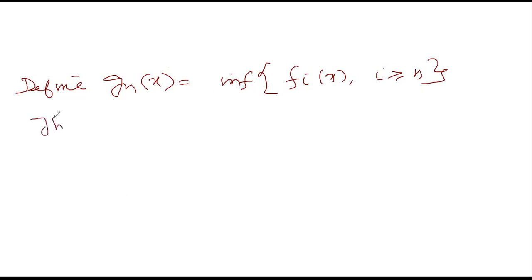Then you can see that if n is increasing, you are taking the infimum over smaller sets. For n equal to 1, you are taking the infimum of f_1, f_2, and so on, and for n equal to 2, you are taking the infimum of f_2, f_3, and so on. So g_n is monotonic increasing, and it's also greater than or equal to 0, because the f_i's are greater than or equal to 0, and it's also less than or equal to f_n.